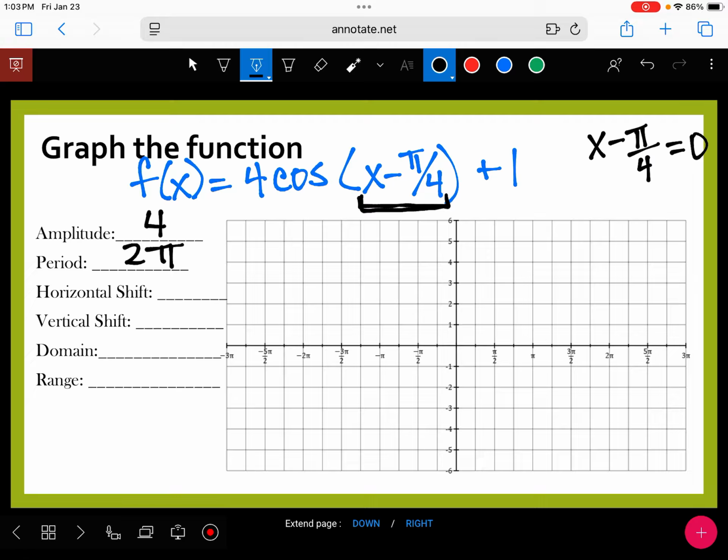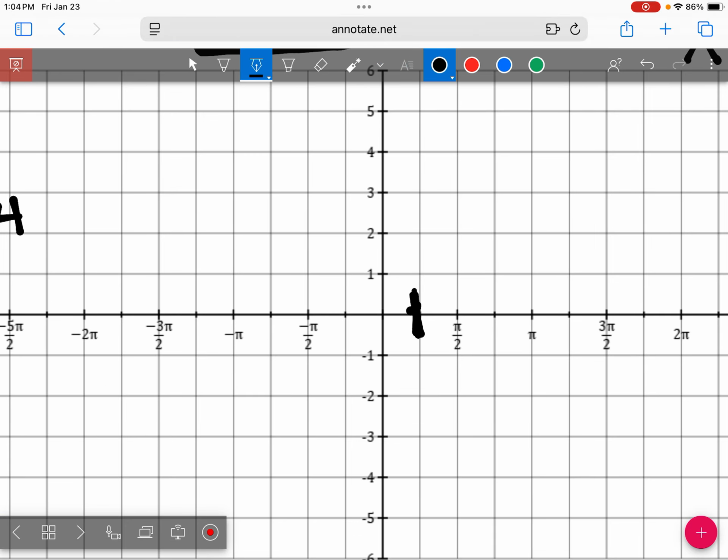Okay? So when we solve this, am I going to add pi over 4 or subtract pi over 4? Add. So that means it's positive, which means that I'm going right pi over 4. Which is going to be right here. So let's talk about that because this is confusing for a lot of people.